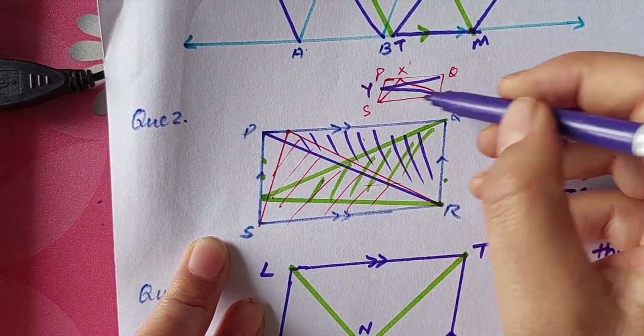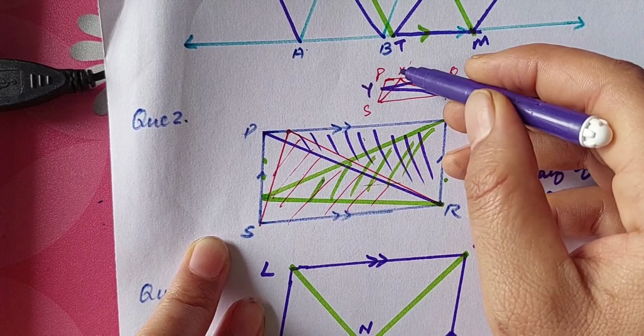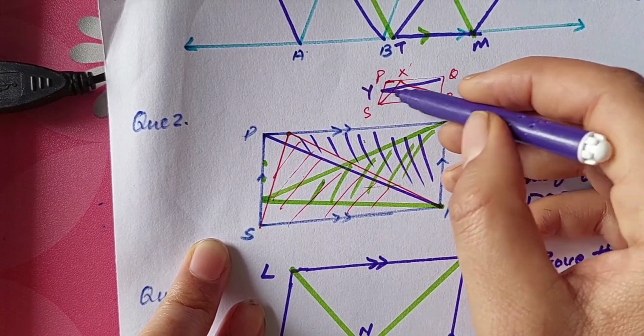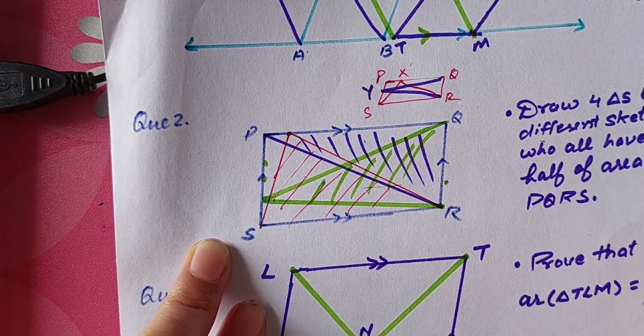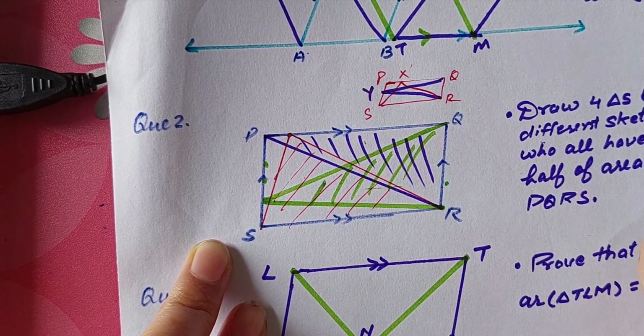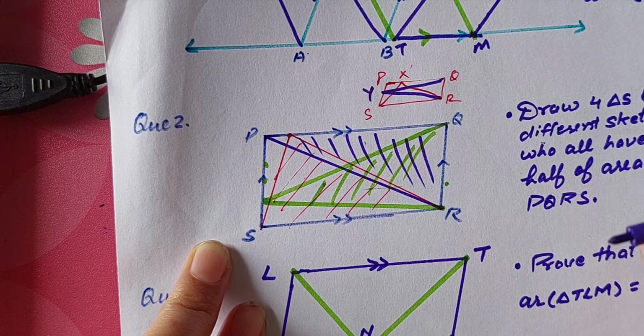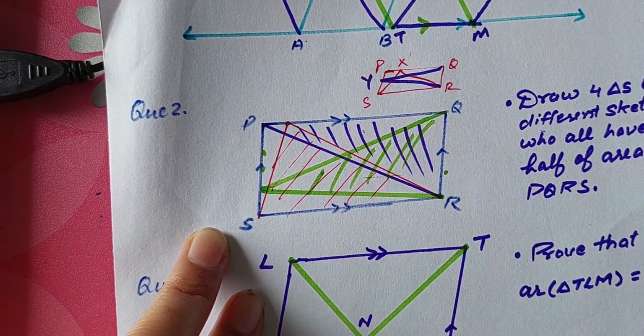So QRY and SRX do not have any common base, neither a common height. But yes, the area is equal because they are both half of parallelogram PQRS, which can be shown in steps.